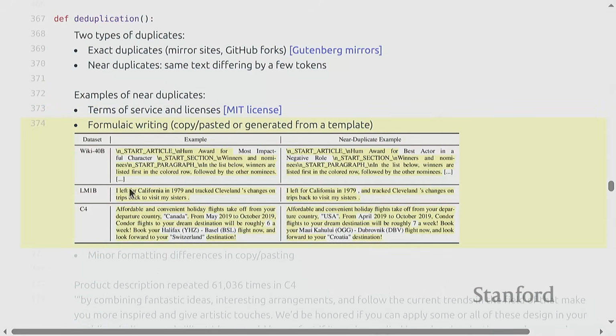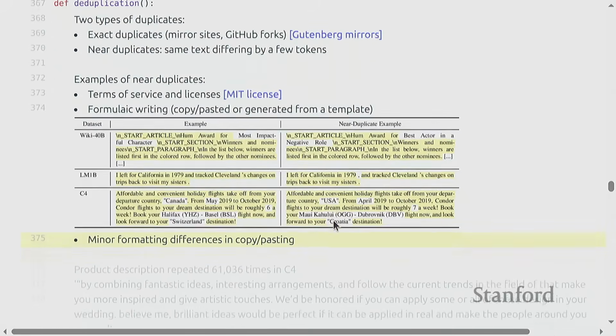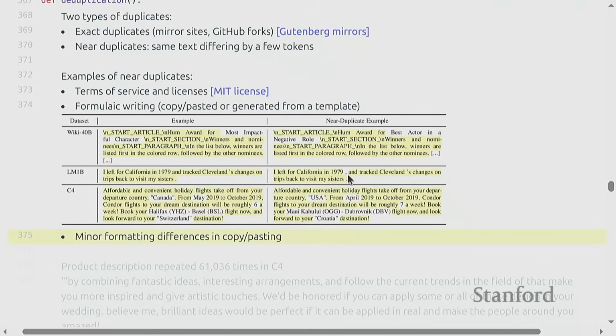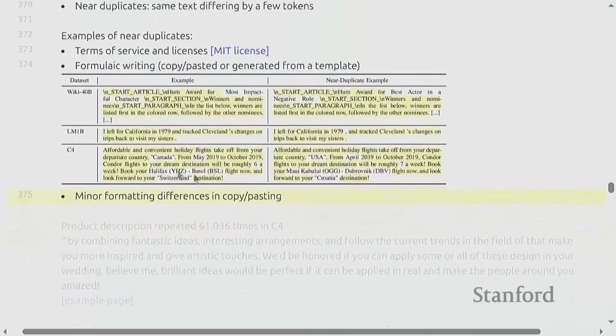If you look at these data sets, it just gives you an idea of what near duplicates might look like. Sometimes you have this article where someone just seemed to have paraphrased "best actor in a negative role" for "most impactful character", but everything else seems the same. This one is just missing a comma here. Not really sure where that comma went off to, but there could be annotator or processing errors. And then this one's kind of interesting.